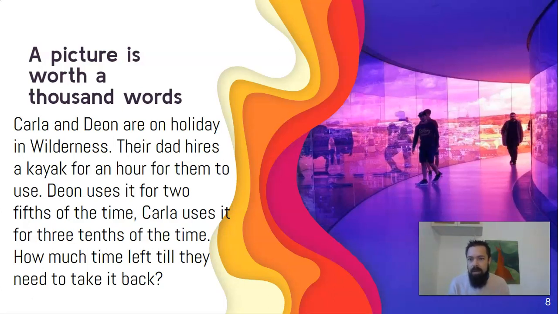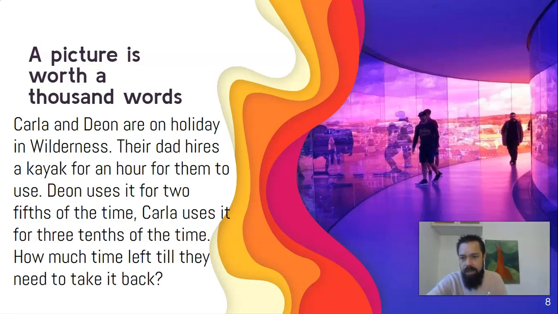So Carla and Dion are on holiday in the wilderness. Their dad hires a kayak for an hour for them to use. Dion uses it for 2/5 of the time. Carla uses it for 3/10 of the time. How much time is left till they have to take it back? All right, so let's find out how much they used it to start off with.